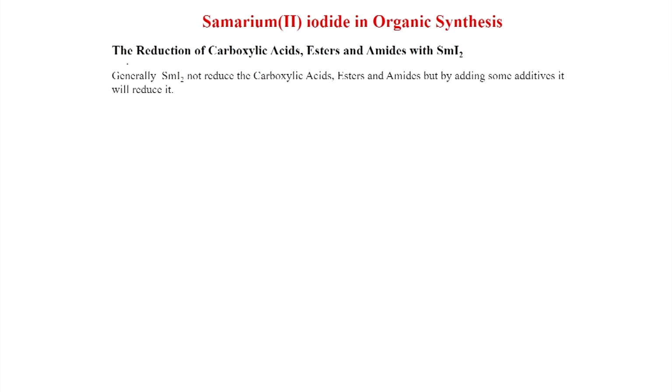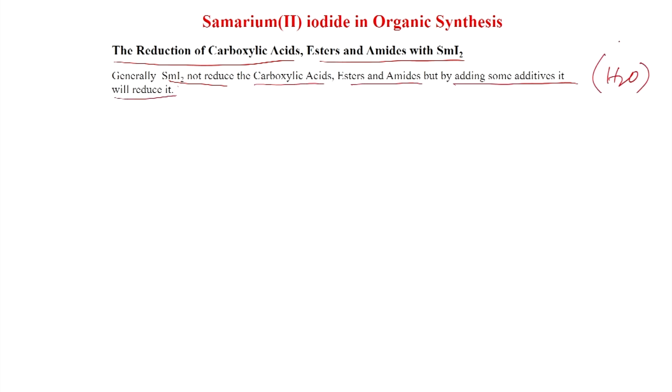So far we have seen that a carbonyl group like a ketone can be reduced in presence of ester. Now we will see under which conditions the reduction of carboxylic acids, esters and amides with samarium iodide is possible. Generally samarium iodide does not reduce carboxylic acids, esters, amides, but by adding some additives it will reduce them, and generally you have to add water, maybe 4 equivalent.